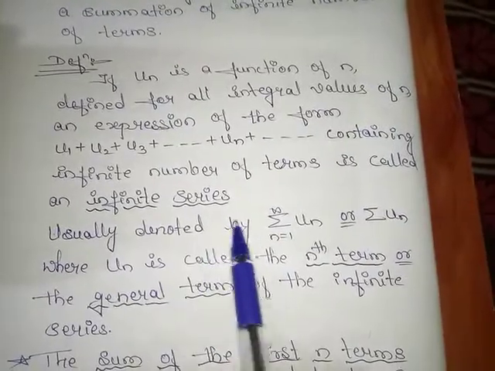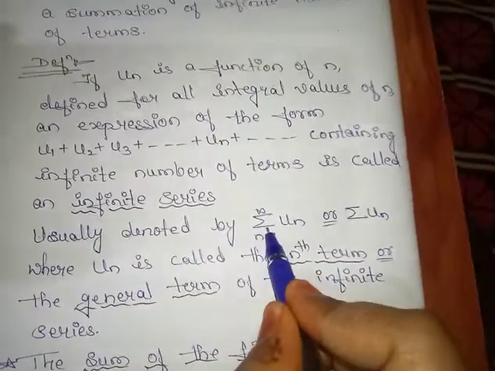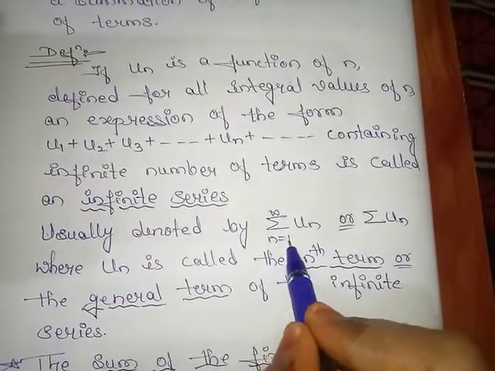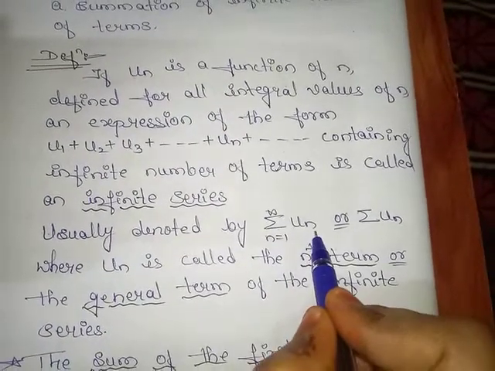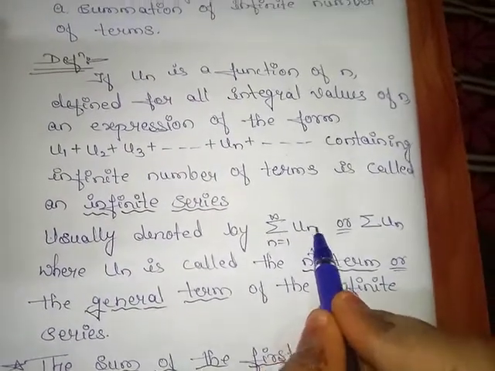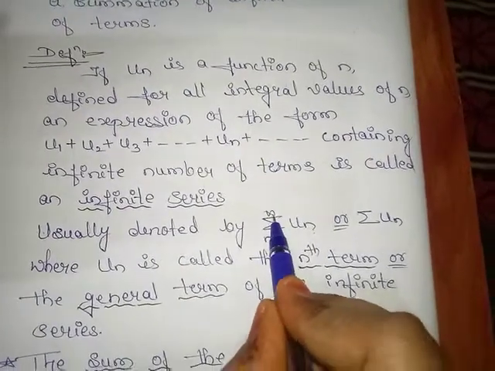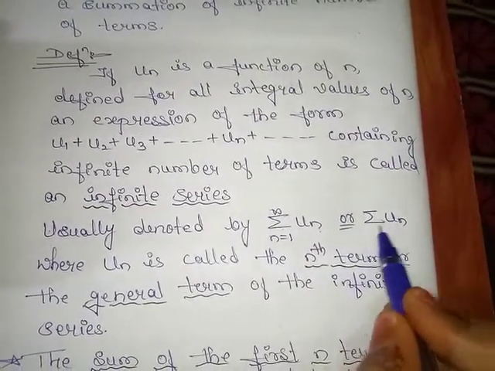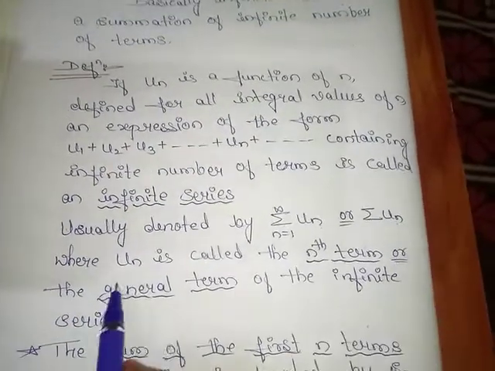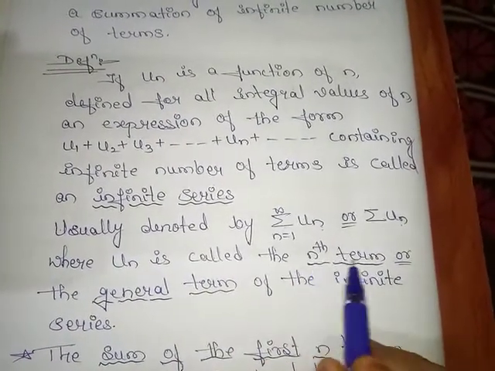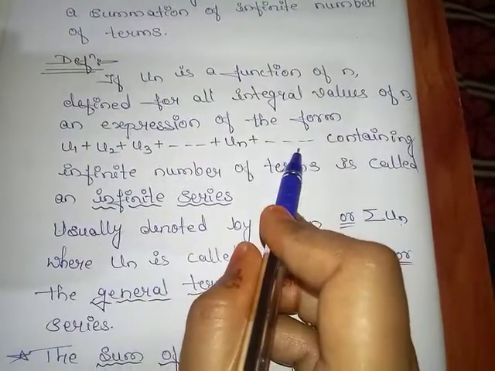Usually we denote this infinite series as summation n running from 1 to infinity un. Here n is running from n is equal to 1 to infinity, or simply we can write it as summation un, where un is called the nth term. In this series, what is this un?